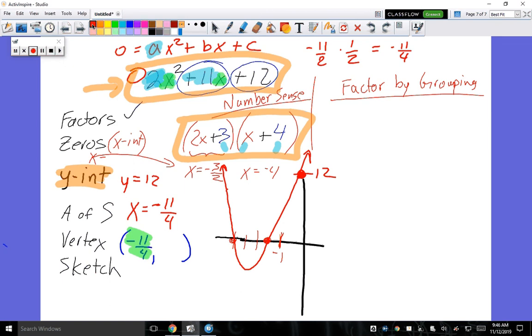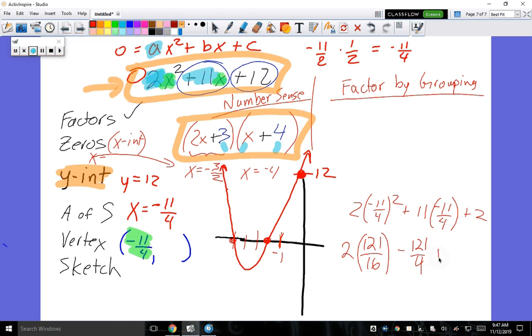So it's like this: 2 times negative 11 over 4 squared, plus 11 times negative 11 over 4, and then plus 12. Okay? Negative 11 squared is 121 over 16 times 2. This is negative 121 over 4. And this is just plus 2. I thought it was plus 12. Oh, my bad, 12. Nice job.